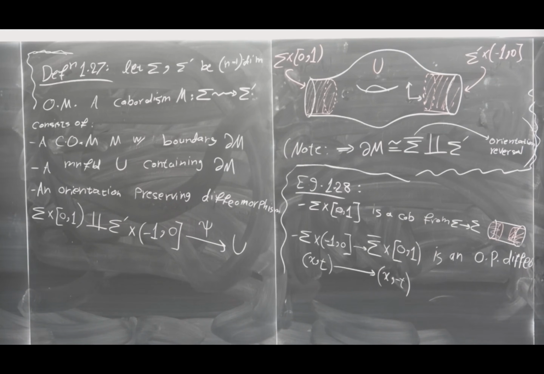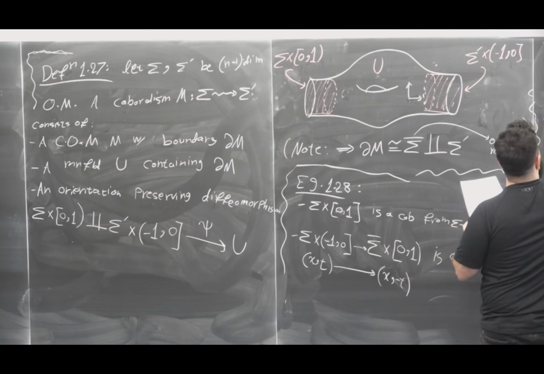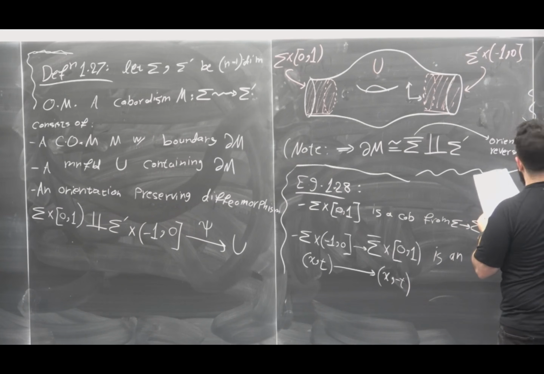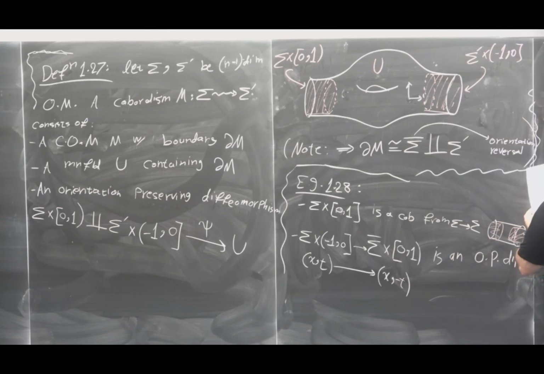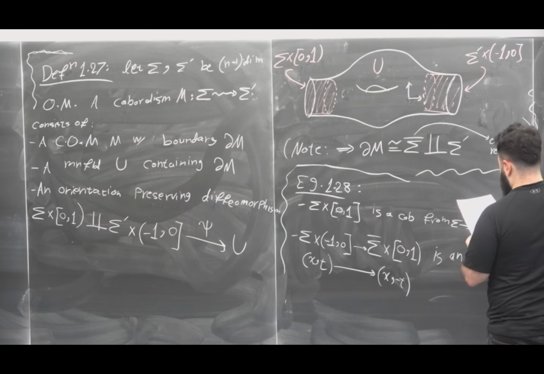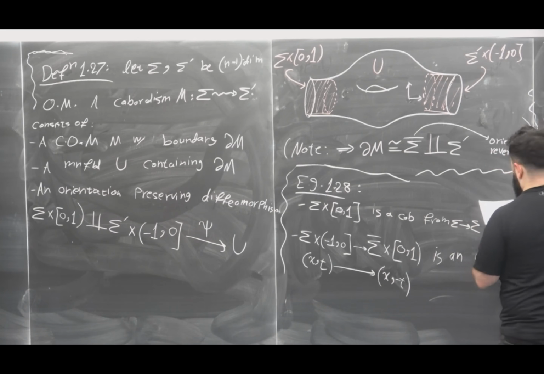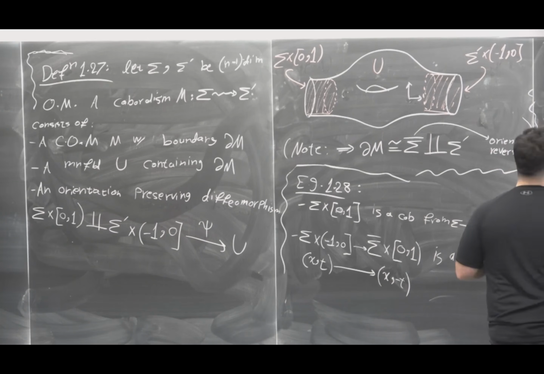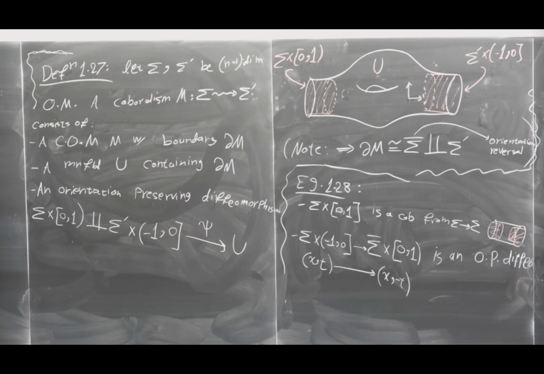There's an associated pair of cobordisms: from the orientation reversal of sigma disjoint union sigma prime to the empty set, and the opposite direction.